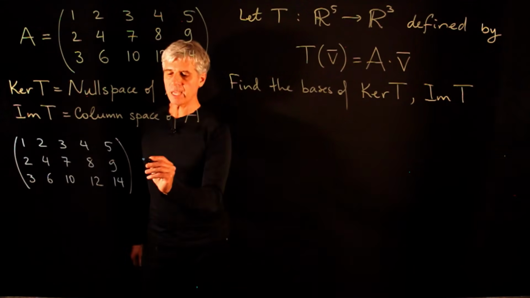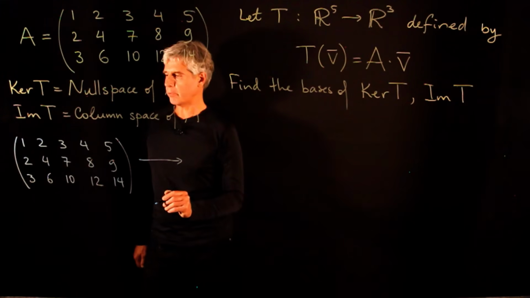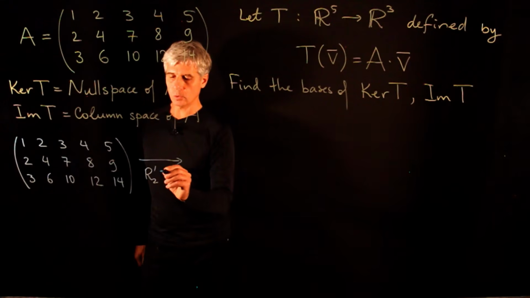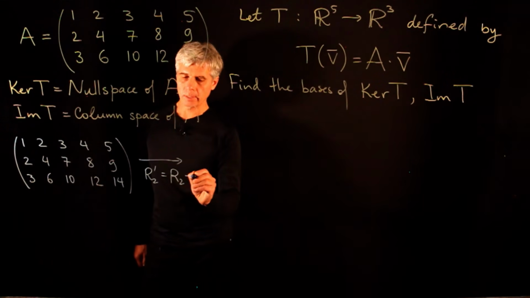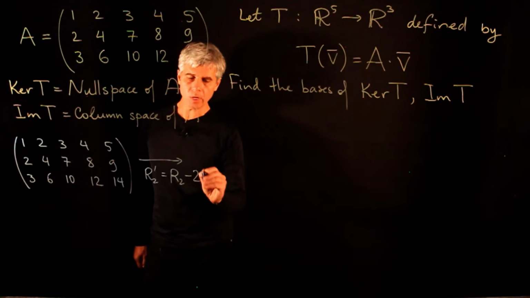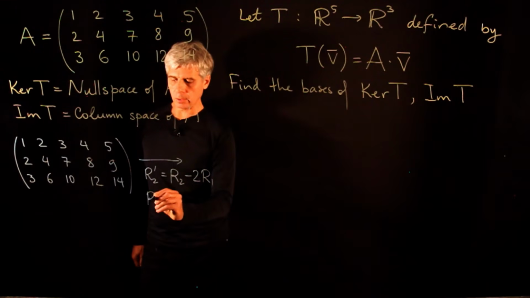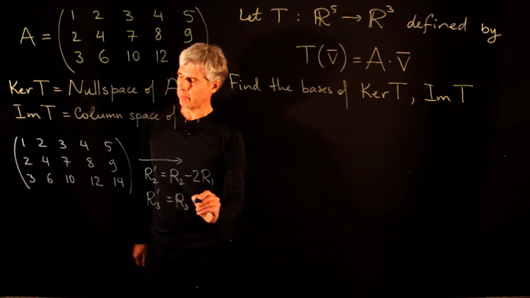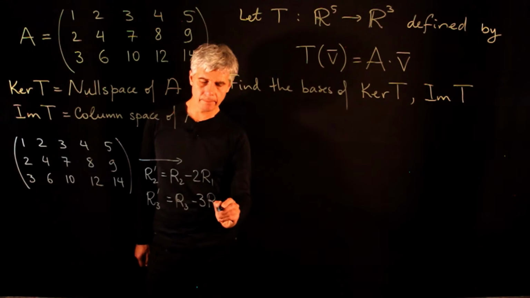To reduce this matrix, we apply the following elementary row operations. New row 2 is row 2 minus 2 times row 1, and new row 3 is row 3 minus 3 times row 1.